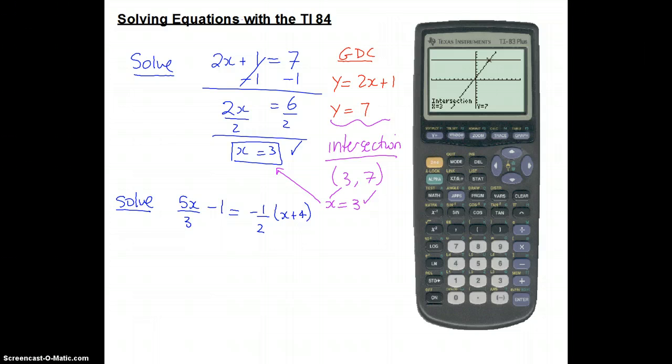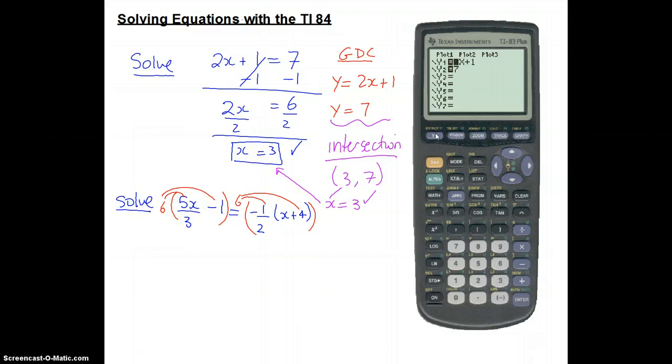The first thing we'd have to do would be to get rid of our 3 and our 2 on the denominator, so I'd be multiplying both sides by 6. And I'd have to then expand here. We'd have all sorts of messy things. So let's go and have a look at how our graphic calculator can help us solve those ones.